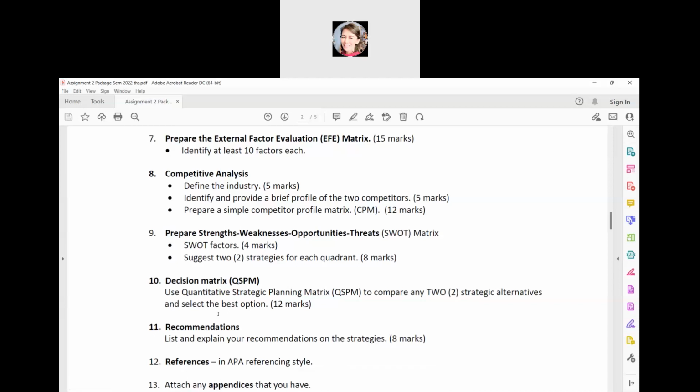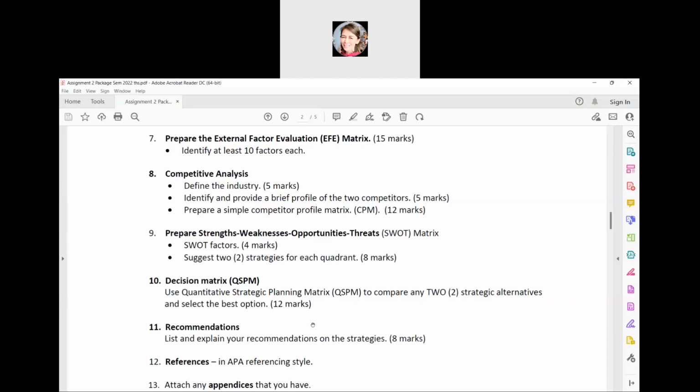You'll have to do a little bit of calculation. It's not a very complicated calculation, just a matter of multiplying small numbers. This is where you will see the best option. This is the decision matrix QSPM.